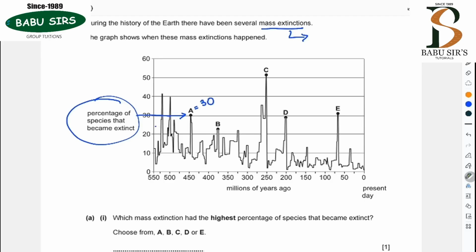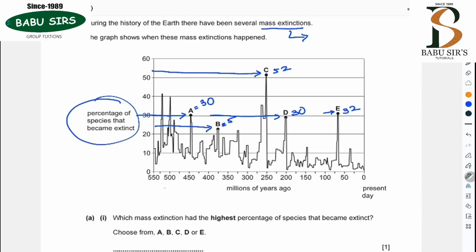B is around 25. C has the highest number of extinctions, around 52. D is also around 30. And E might be something like 32.